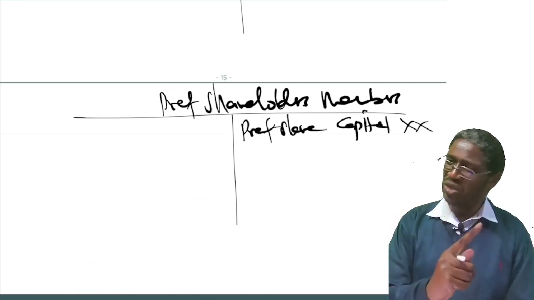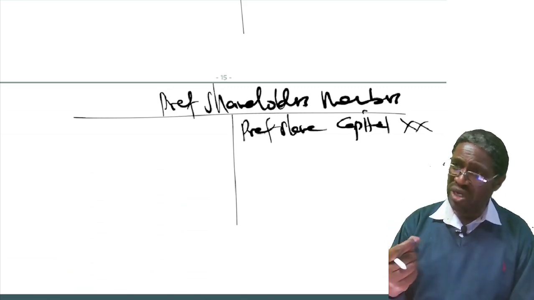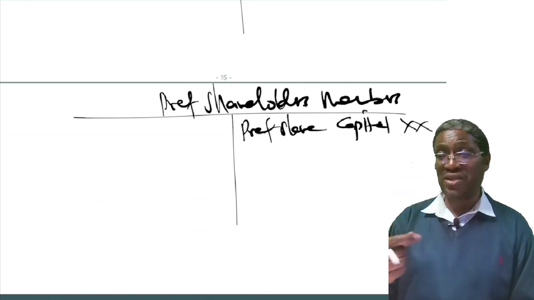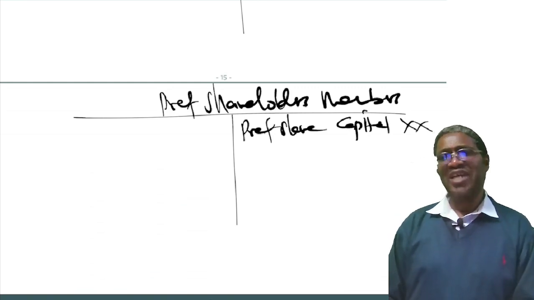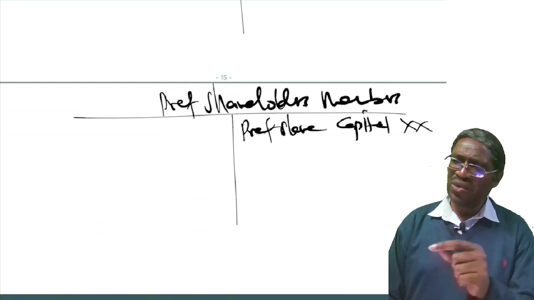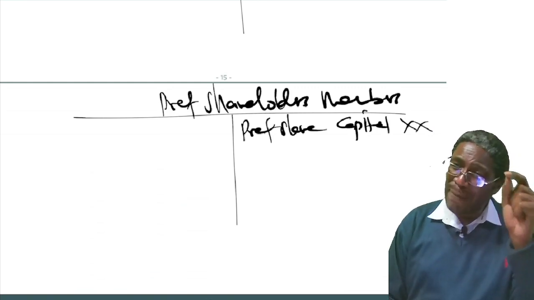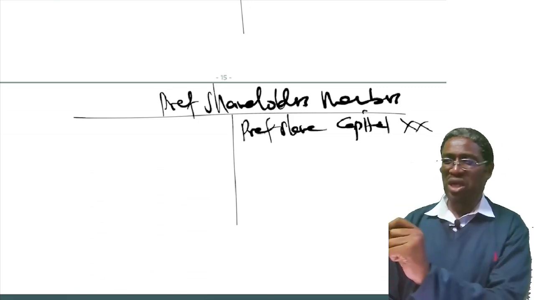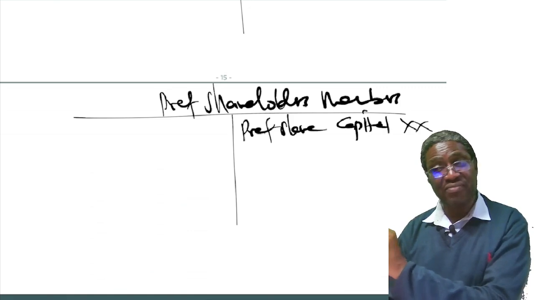When we were doing internal reconstruction, now that we are reconstructing the company, we said you have to crystallize that liability. To crystallize that liability, we debited capital reduction and credited preference dividends in arrears.